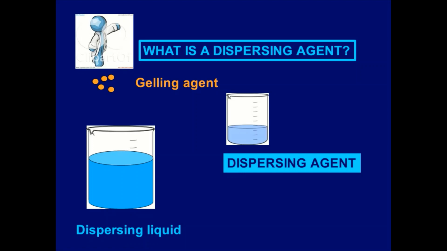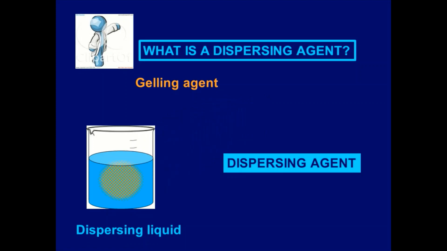So first, mix the gelling agent with the dispersing agent, dissolve it in the dispersing agent, and then add this solution to the dispersing liquid.